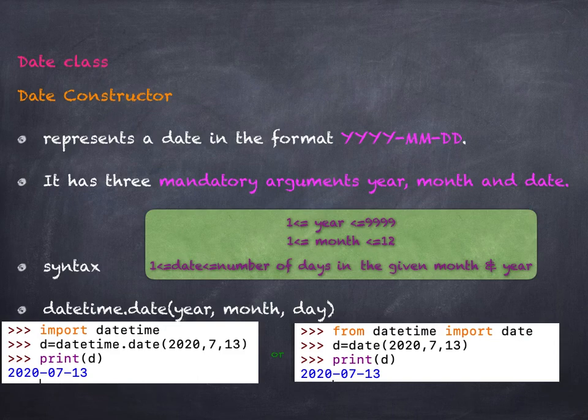That is, year has 4 digits, month has 2 digits and day has 2 digits. The same can also be done like this. In this case, the difference is you use the keyword from and specify the module name, that is datetime, import the class name, and then d is equal to the constructor date, within brackets specify the 3 arguments year, month and day. Then print it and the same result is obtained.